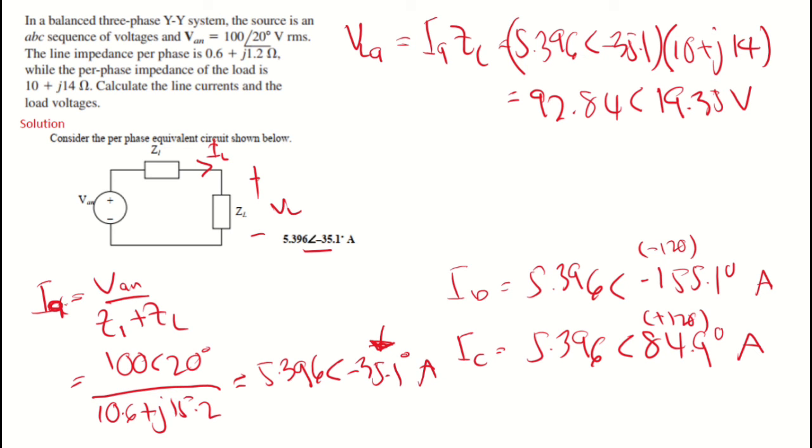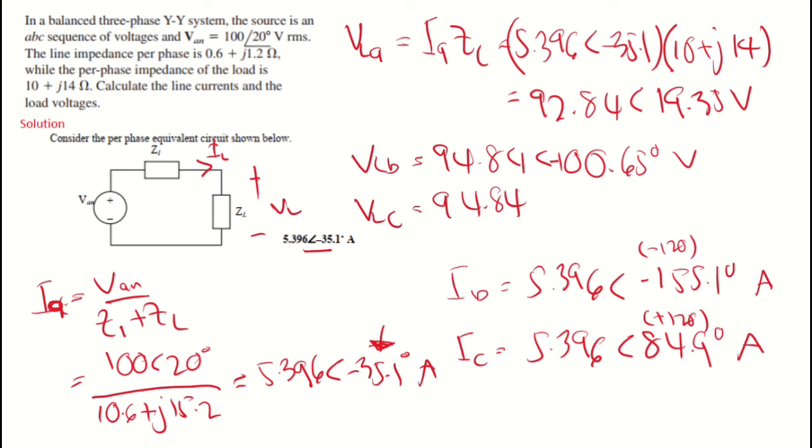Okay, so the same goes for VLB and VLC. For VLB, the answer is 94.84 angular minus 100.65 degree volt, and VLC you will get 94.84 angular 139.35 degree.